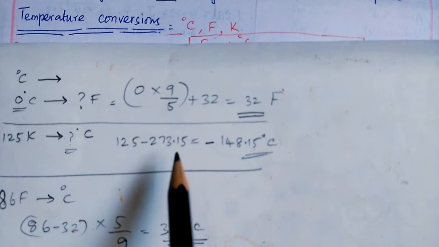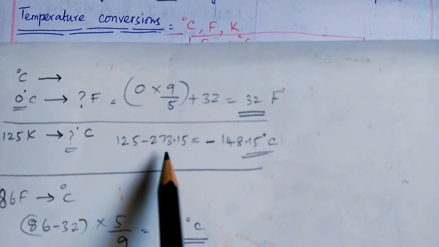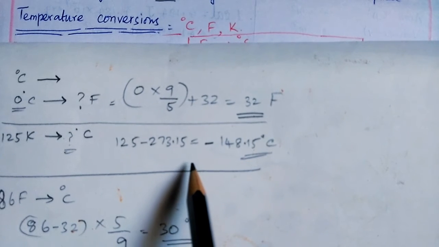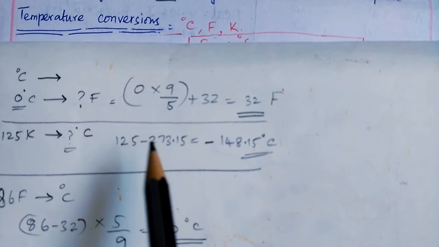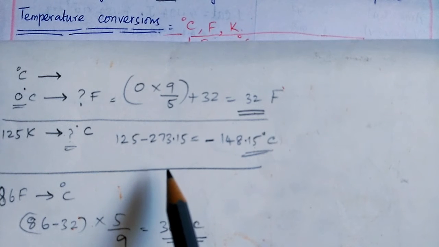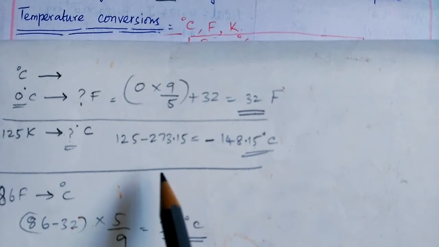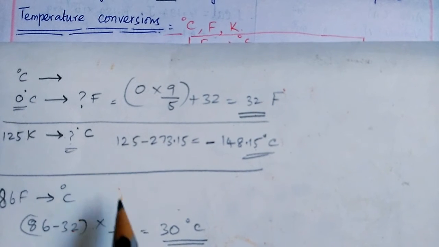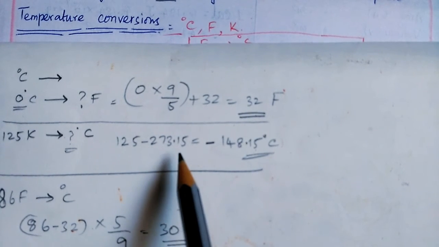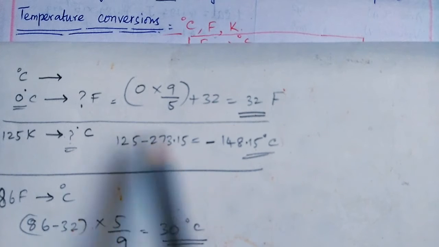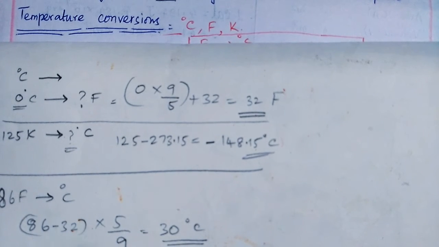So we should be careful in substituting the value. This is a smaller value, this will be a bigger value comparatively, so we are getting a minus symbol. We have to be careful when we are dealing with these problems. Even if we are studying BSc chemistry, these problems are just addition, subtraction, multiplication and division, but these things will be tricky.